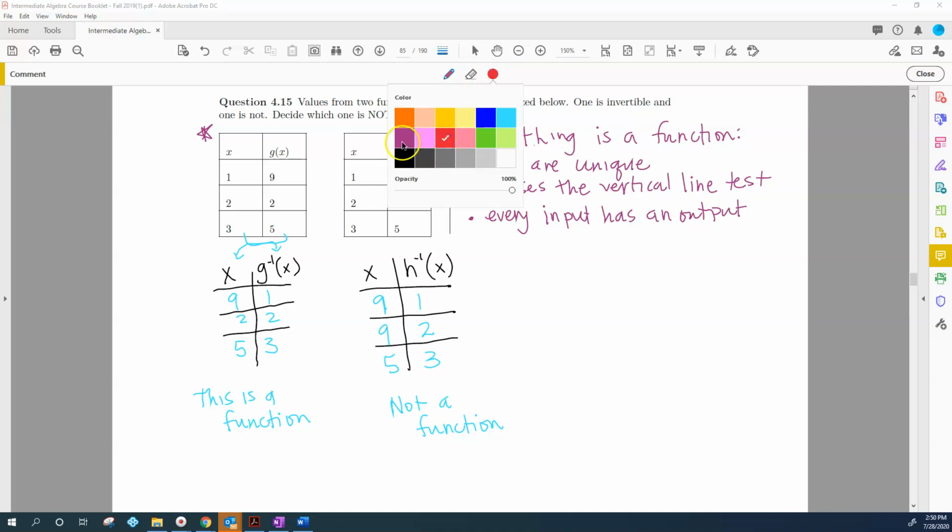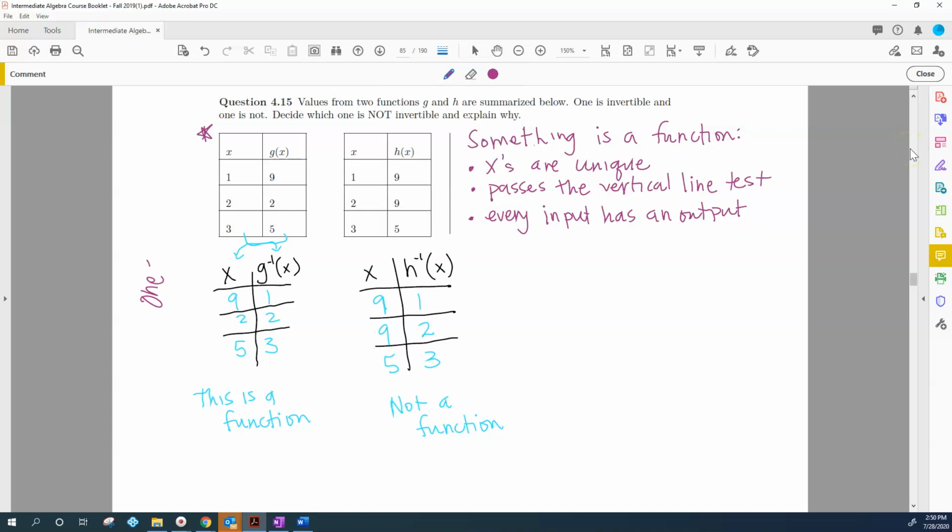Okay, so this first one here, since it was still a function when we found the inverse, this is a one-to-one function, right? And this one is not, because it doesn't come out to be a function when we find the inverse of it.